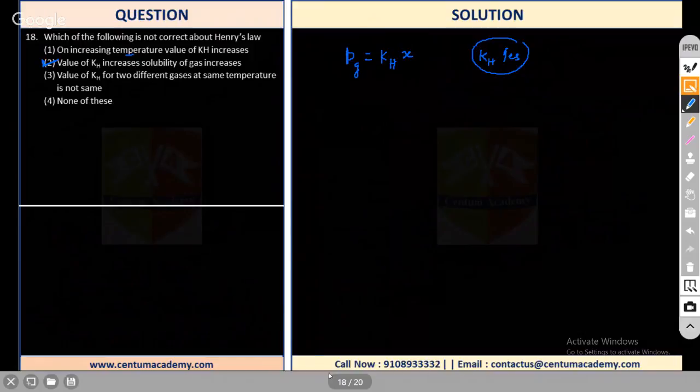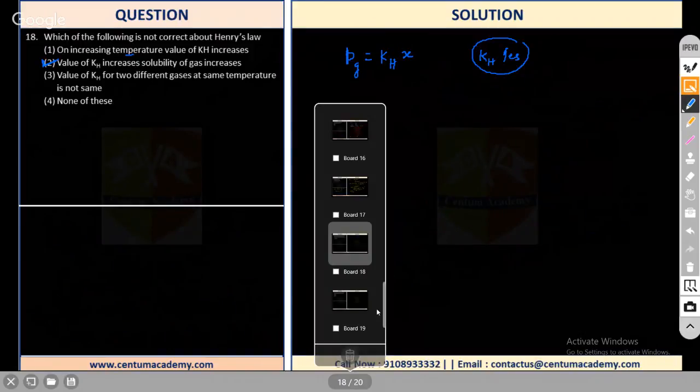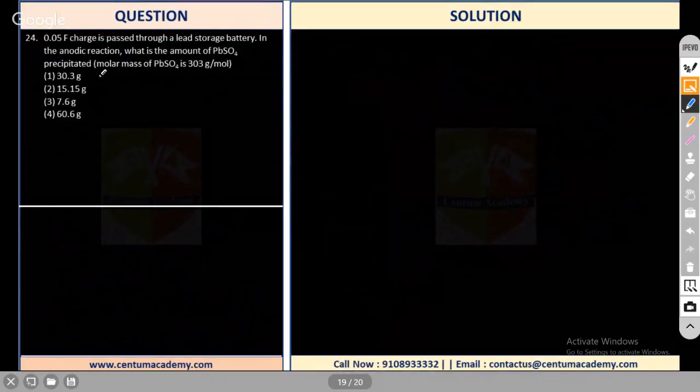Question number 19. 0.05 Faraday charge is passed through a lead storage battery in the anodic reaction. What is the amount of PbSO4 precipitate? Correct.